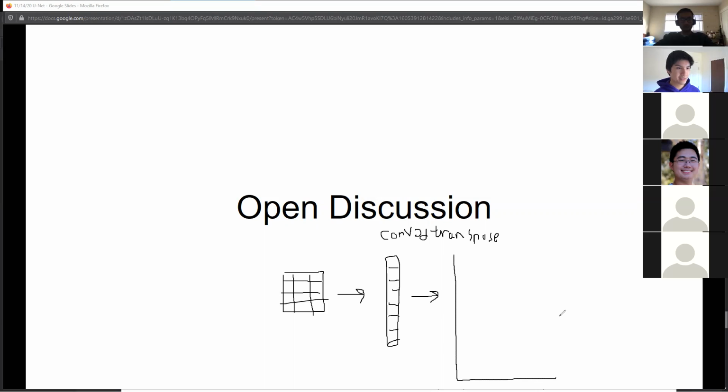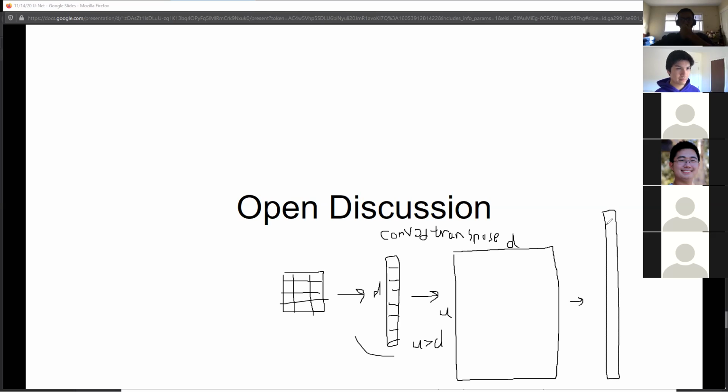Let's imagine the height is longer than the width, so let's say this is D. You would have D here, and your upsampled dimension here, where upsampled is greater than D. This is just matrix multiplication, and what you get is an even longer flattened array, this is U. Then you can reshape it back into a rectangle, an even larger one.